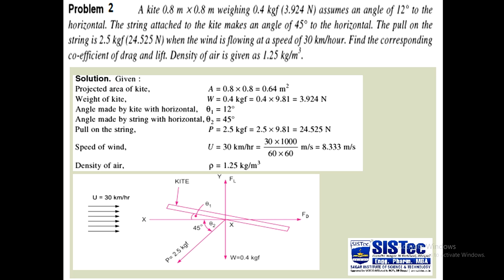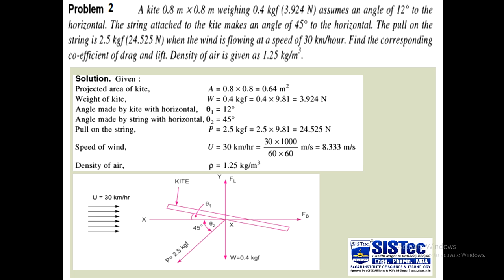I'm reading this numerical. A kite of 0.8 meter by 0.8 meter size, weighing 0.4 kilogram force, that is also 3.924 Newton, assumes an angle of 12 degrees to the horizontal. The string is attached to the kite and makes an angle of 45 degrees to the horizontal.